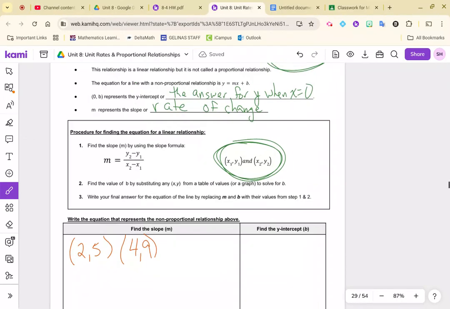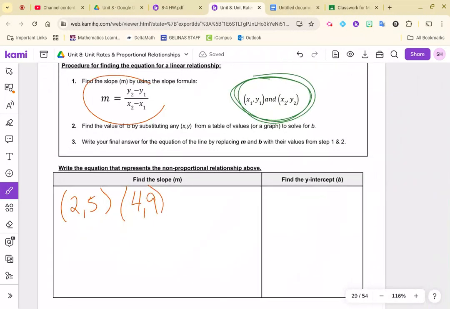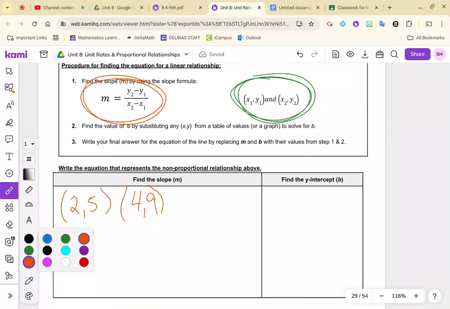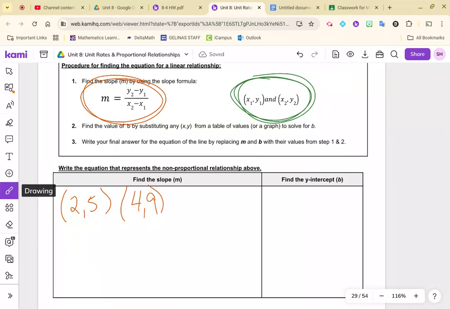And now I'll show you how you use this slope formula. So what we're going to do is we're going to take the two y values, the y value from the second point and the y value from the first point, and we're going to subtract them, y2 minus y1.